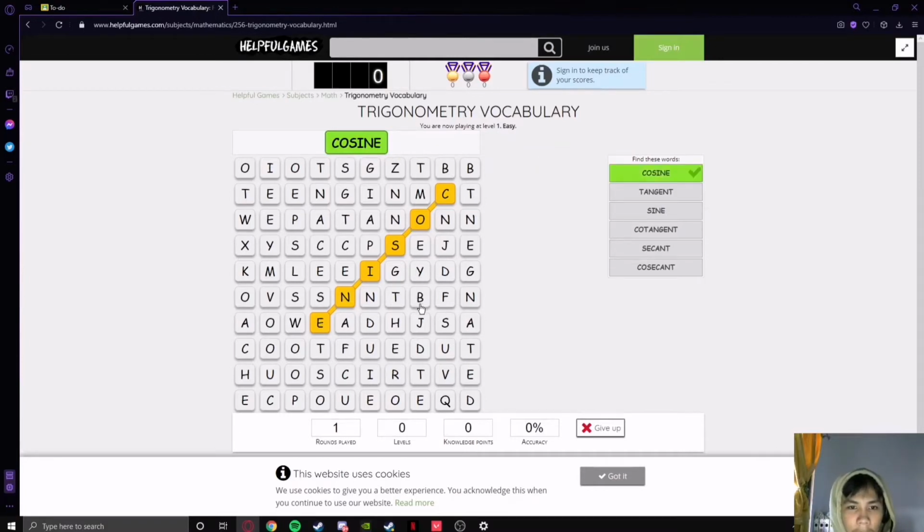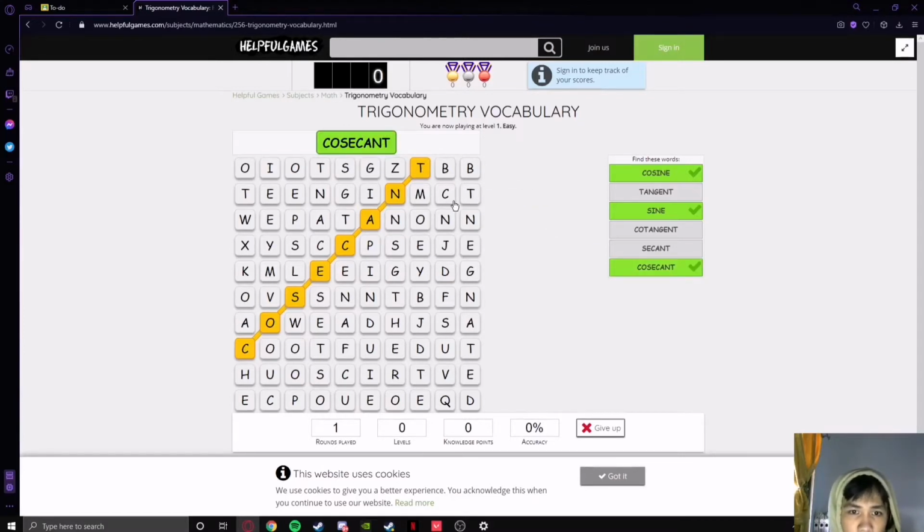Then after that, I see sine. Oh wait, there, that's our second word. Then we look for cosecant. We found our third word there, and we're going to look for the other words.